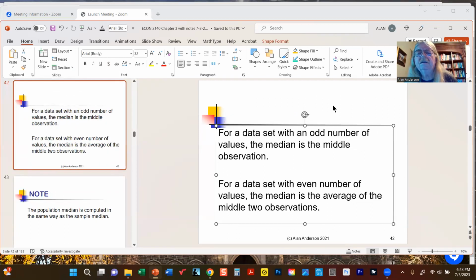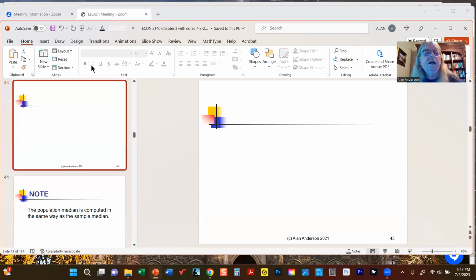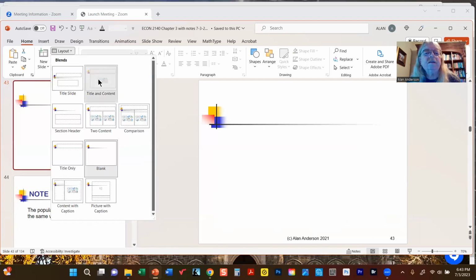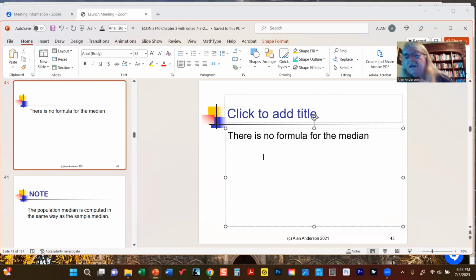By the way, unlike the last example with the means, here's one of the quirky things about the median. There is no formula for the median. There isn't one. How would you write a formula for something like that? Well, you can't.